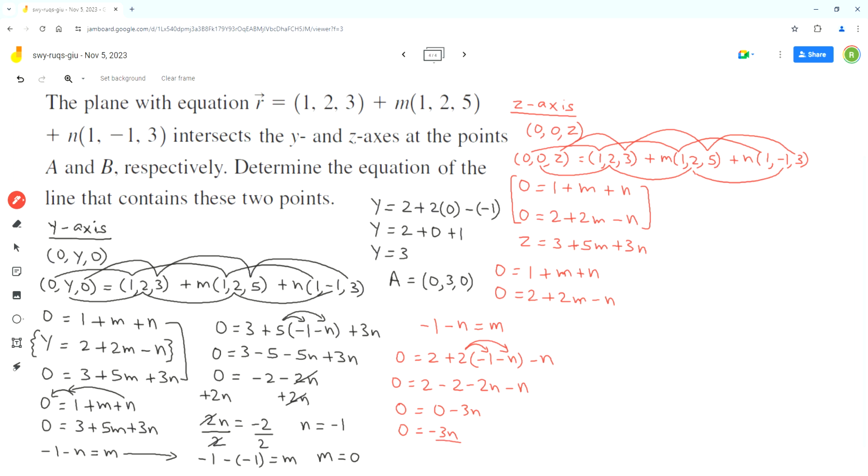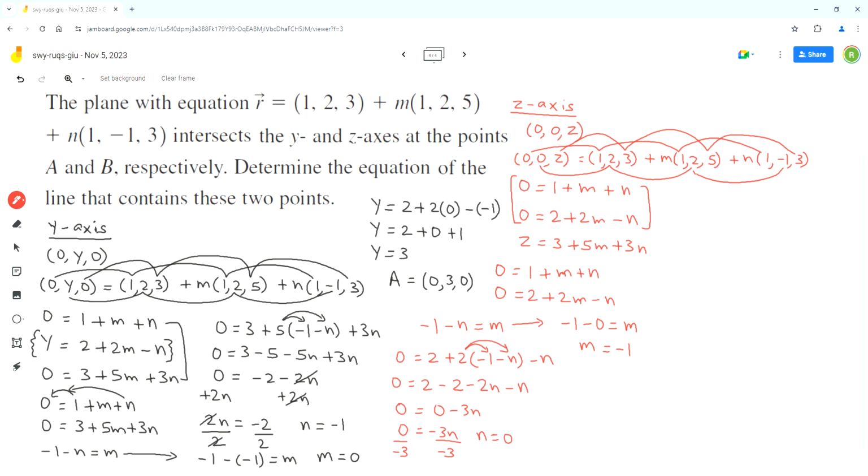I get n equals 0. Next we have to find the value of m, so we should sub in n as 0 in this m equation. I get m equals -1.